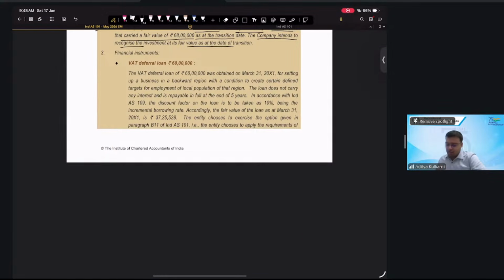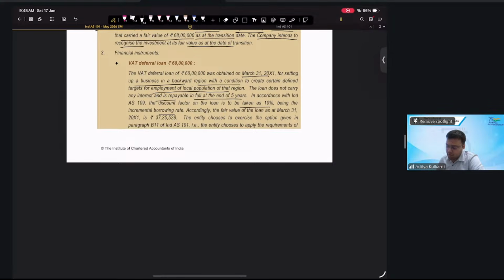The VAT deferral loan of 60 lakhs was obtained on March 31 for setting up a business in a backward region with a condition to create certain defined targets for employment of local population of that region. The loan does not carry any interest and is repayable in full at the end of 5 years. In line with Ind AS 109, the discount factor on the loan is to be taken as 10%, being the incremental borrowing rate.